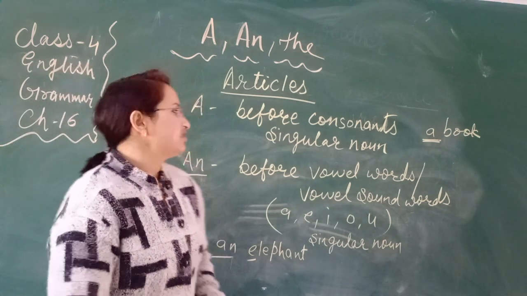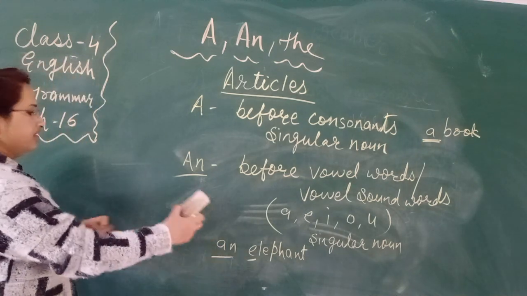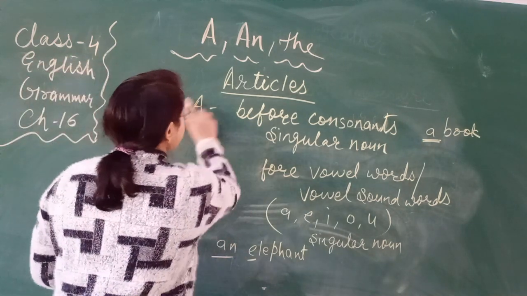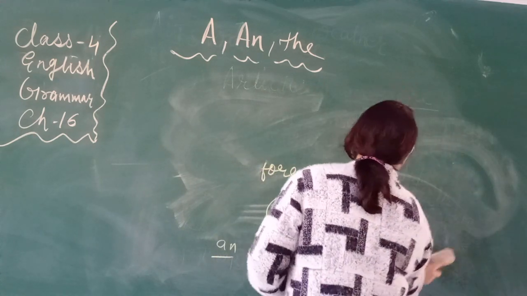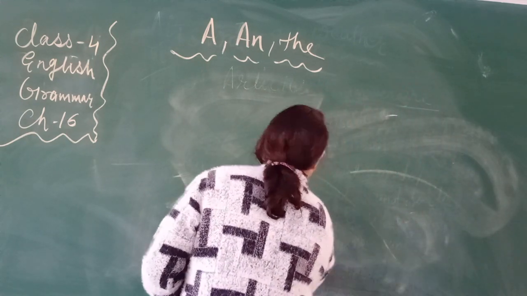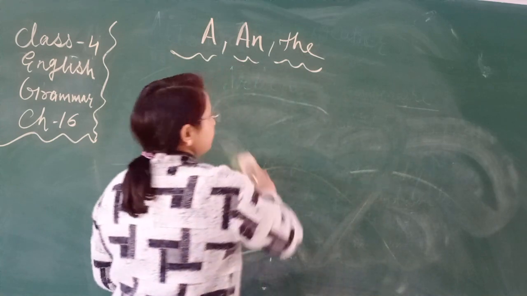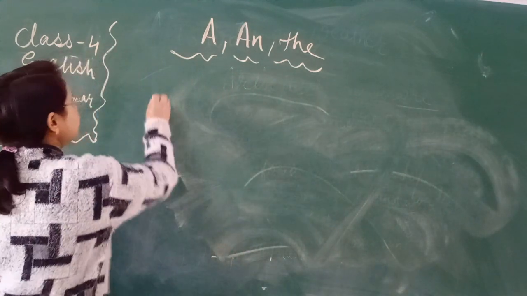Okay dear students, now move towards next article, use of the, where we can use article the, and it is the most important. आर्टिकल द का यूज हम कहाँ कर सकते हैं?